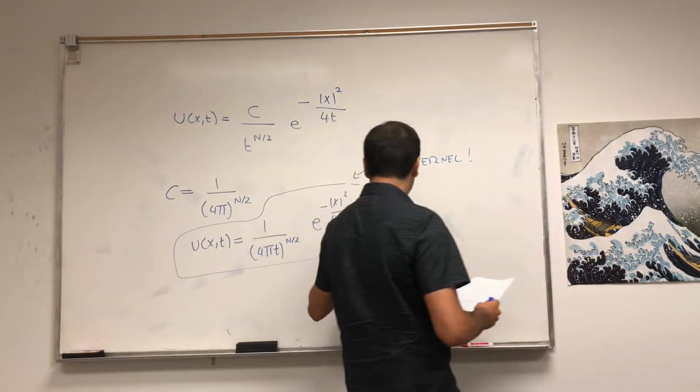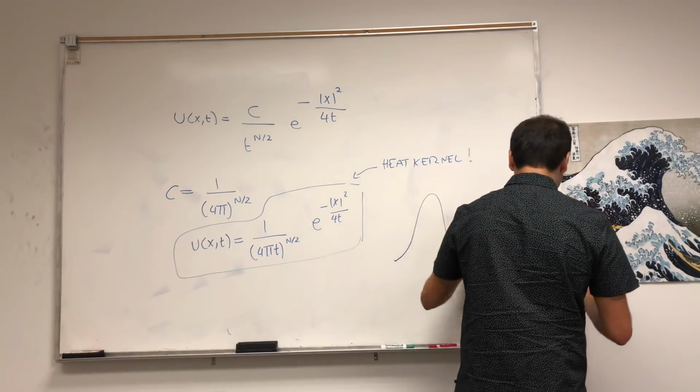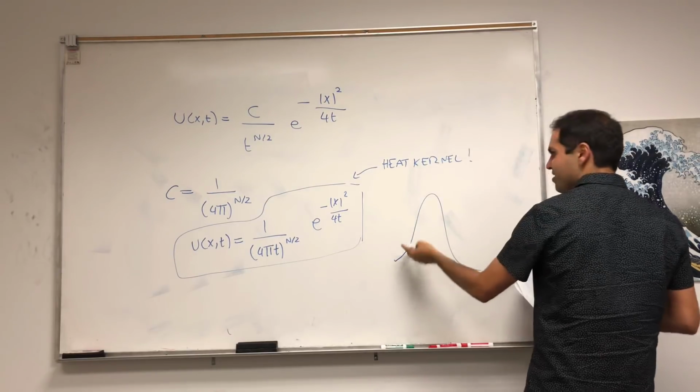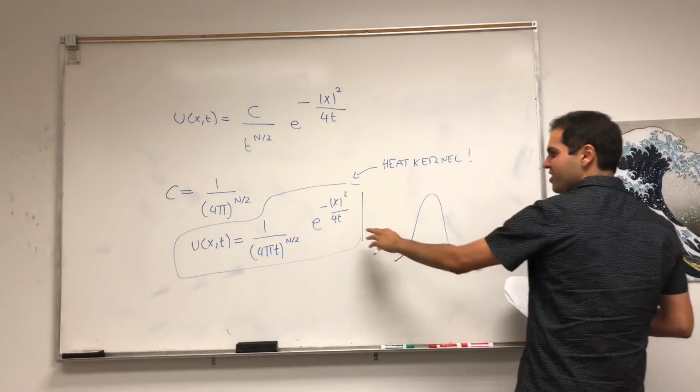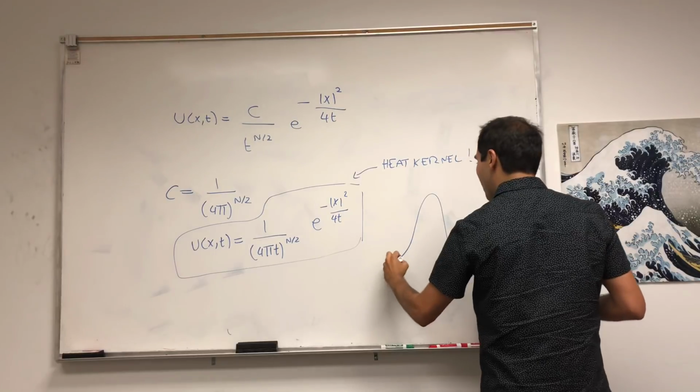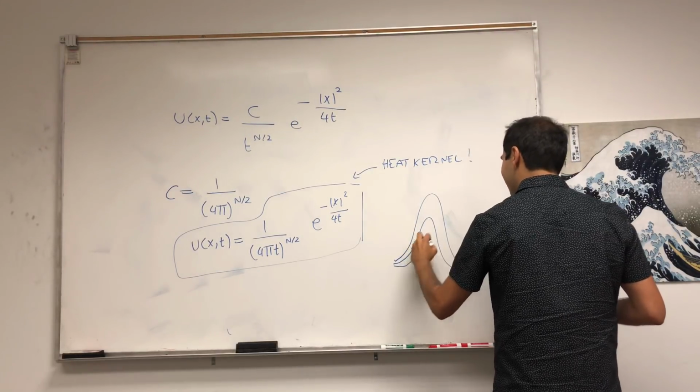And if you want, it sort of looks like the normal distribution. It starts out like the normal distribution, and then because of this smoothing factor, it goes down and down.